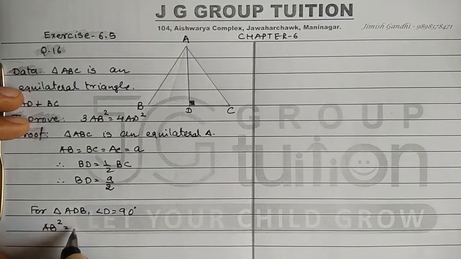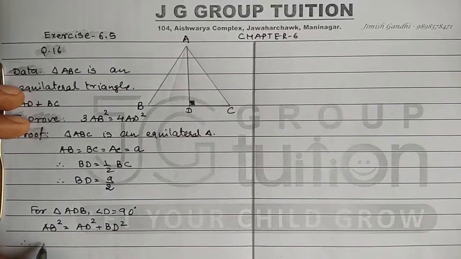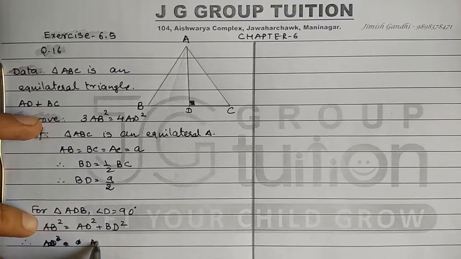AB square is equals to AD square plus BD square. Let me make AD the subject, which we have to find out. So AB square minus BD square is equals to AD square.